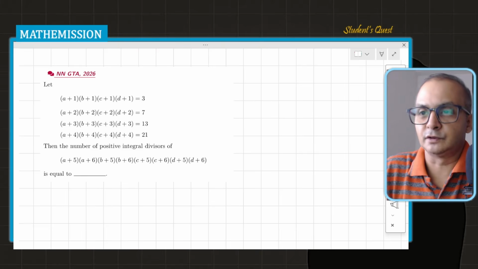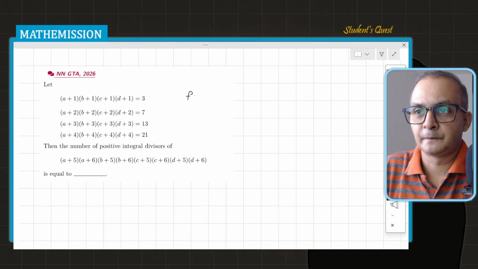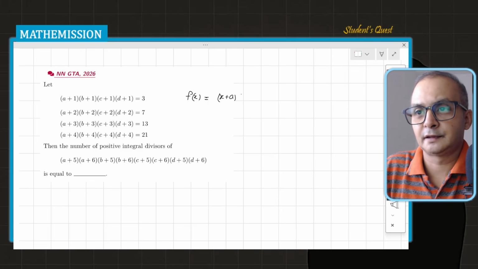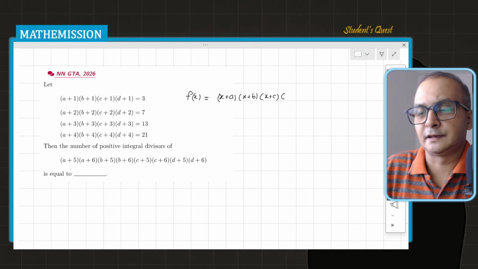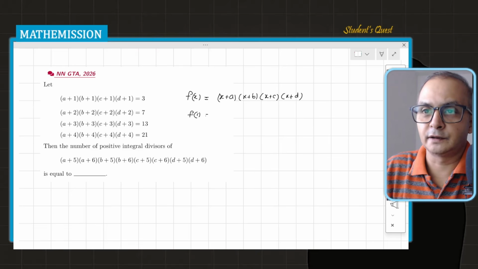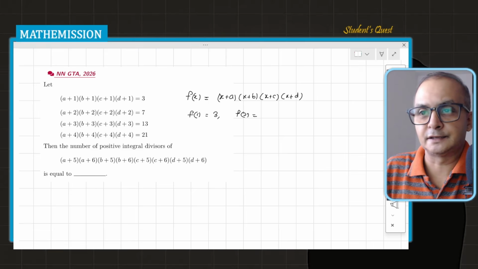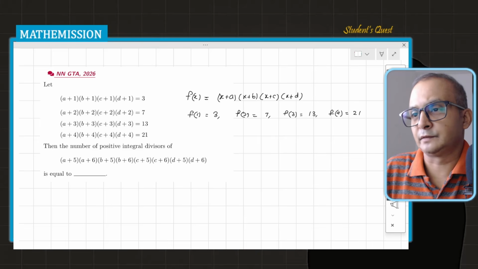If I make it general, what I can write is the function f(x) is nothing but (x plus a)(x plus b)(x plus c)(x plus d). So what we can observe is that f(1) is 3, f(2) is 7, f(3) is equal to 13, and f(4) is equal to 21.